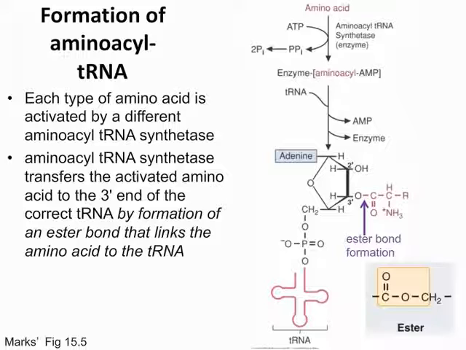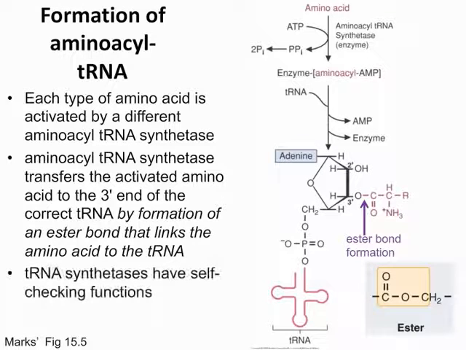The first bullet says each type of amino acid is activated by a different aminoacyl-tRNA synthetase. So that aminoacyl-tRNA synthetase is going to be specific for each amino acid. There are 20 amino acids, which means there are going to be 20 different aminoacyl-tRNA synthetases.